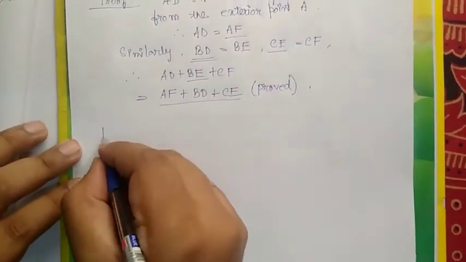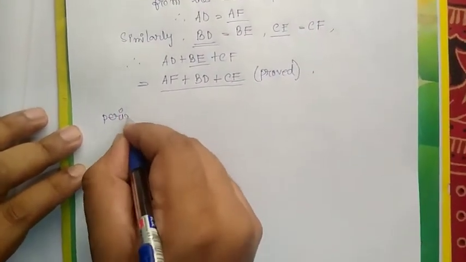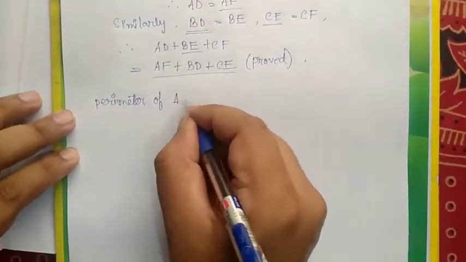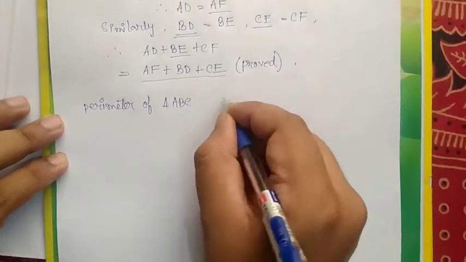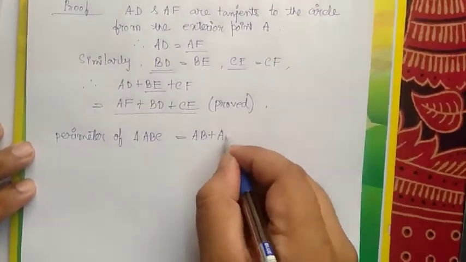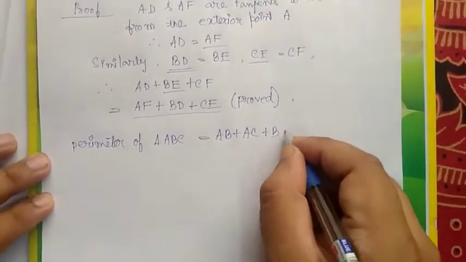Now perimeter of triangle ABC equal to AB plus AC plus BC.